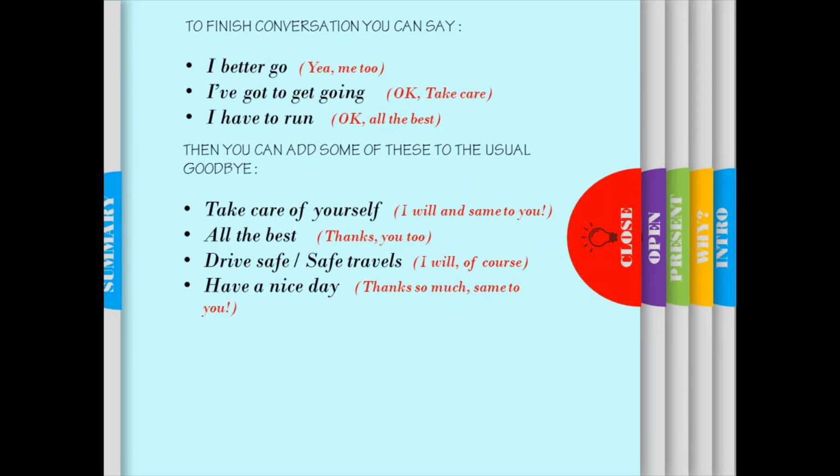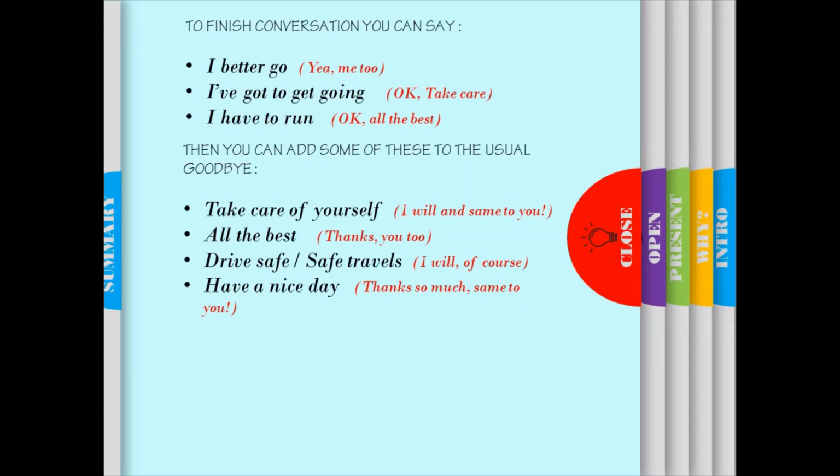And the last one, which is quite straightforward and easy, is have a nice day. Thanks so much, same to you. So you can see here we have 4 options to wish the person or the people well. Take care of yourself, all the best, have a nice day, drive safe.